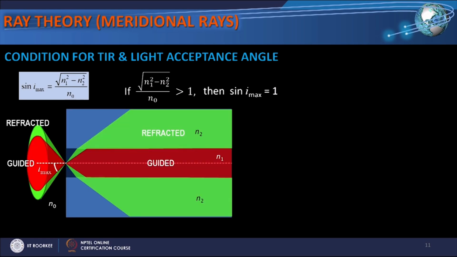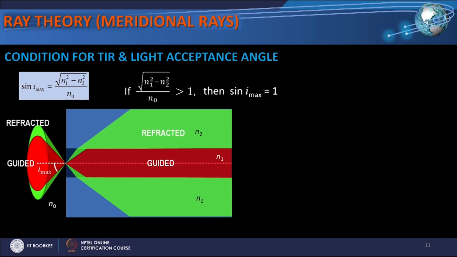So, now if I launch a cone of light into the fiber, then all the light which lies in the cone of semi-vertical angle I max will be guided through the core of the fiber, and the light which makes angles larger than I max would be refracted.